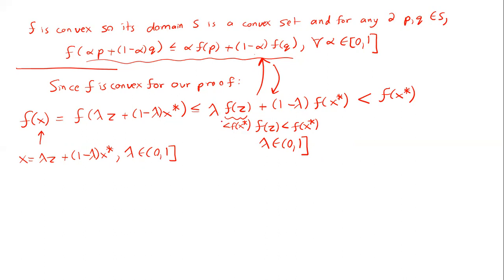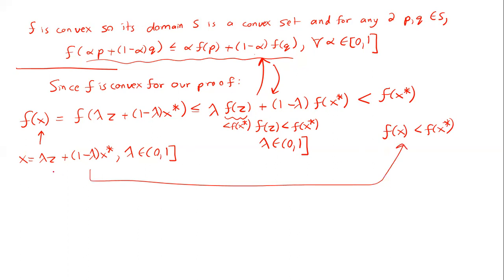And if I'm somewhere in the middle, like say this is half and this is half, if this was equal to f of x star, I would add half of f of x star and the other half of f of x star, and it would be equal to all of f of x star. But it's not, because here I'm adding something less than f of x star. So for sure, when I add those two together, it's going to give me something that's less than f of x star. And so that means that we have this relationship that f of x is less than f of x star. And this is true for the different x that meet this requirement.